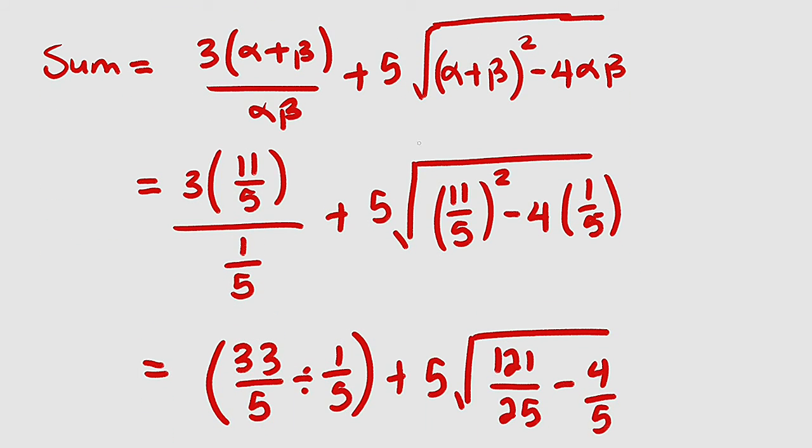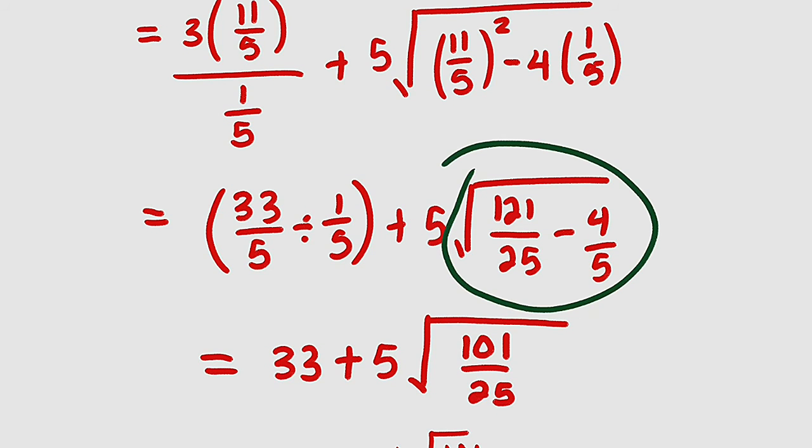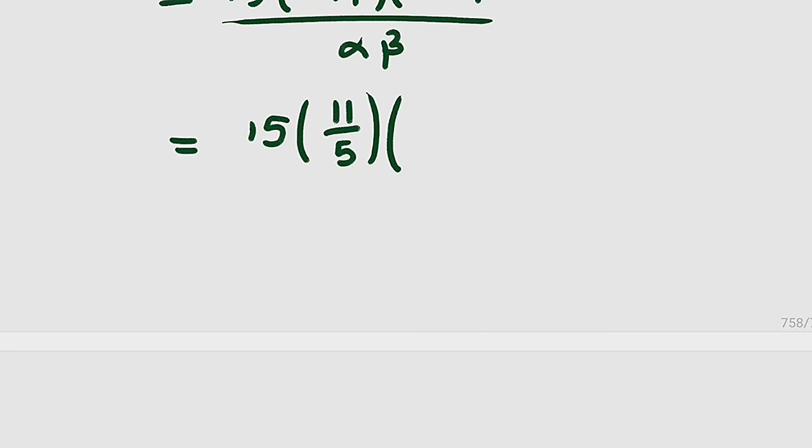We further simplify it as this, right? We keep moving, we got this one. And finally, we obtain this one, which we simplified as the square root of 101 divided by 5, right? This is square root of 101 divided by 5.